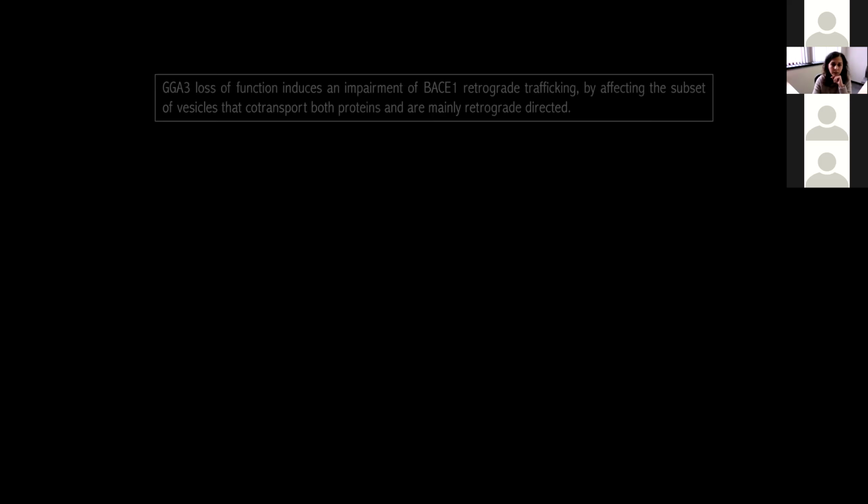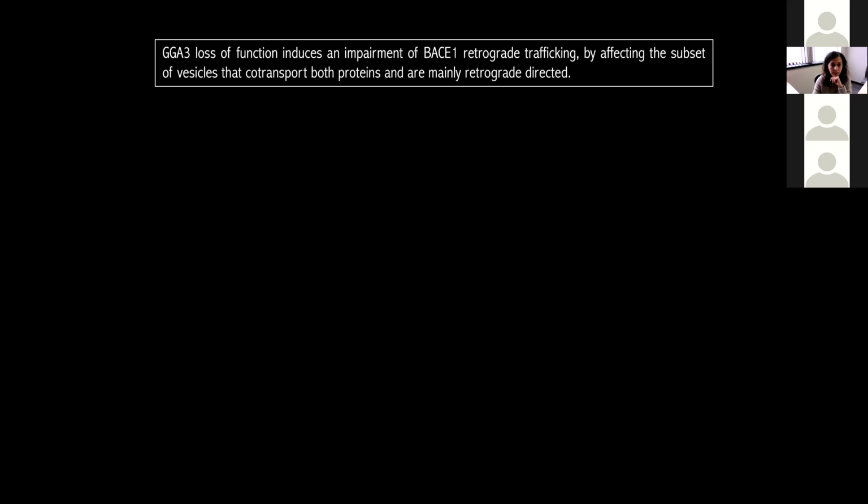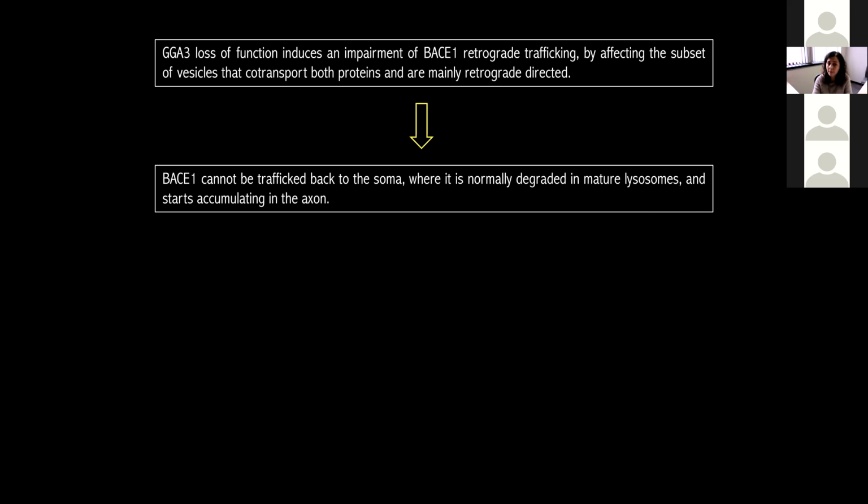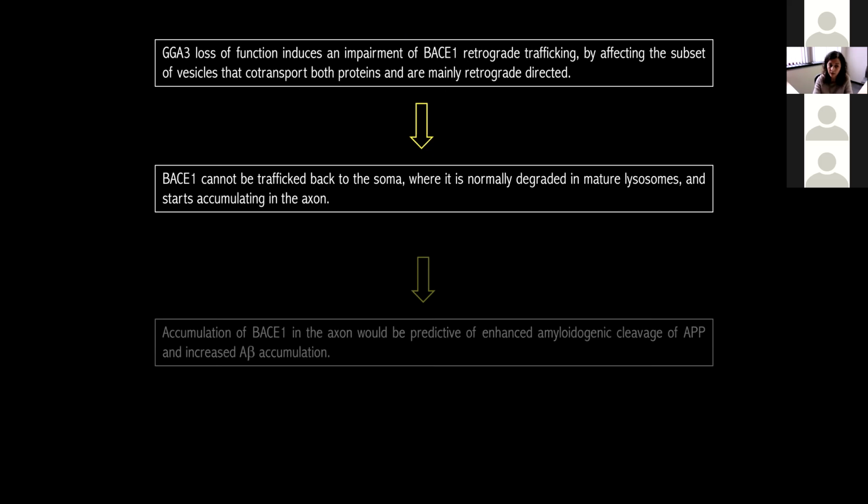And with this, I'd like to summarize the mechanism we are proposing. We propose that Gga3 loss of function induces an impairment of BACE1 retrograde trafficking by affecting the subset of vesicles that co-transport both proteins and are mainly retrograde directed. As a consequence, BACE1 cannot be trafficked back to the soma where it's normally degraded and starts accumulating in the axon.